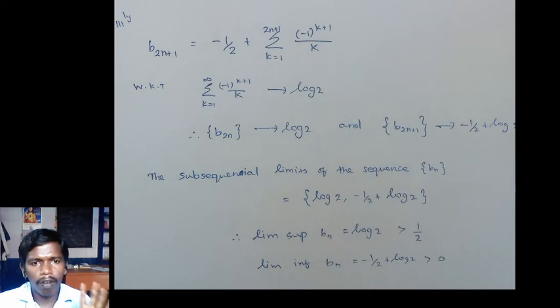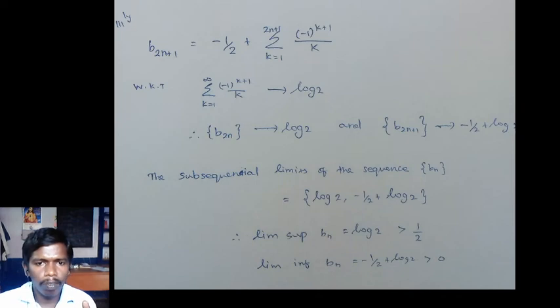The set of all subsequential limits of the sequence b_n is the set containing two elements: one is log 2, another one is -1/2 plus log 2. So if we take the supremum, that is the value of limit supremum. If you take the infimum of the set, that is the value of limit infimum of b_n.